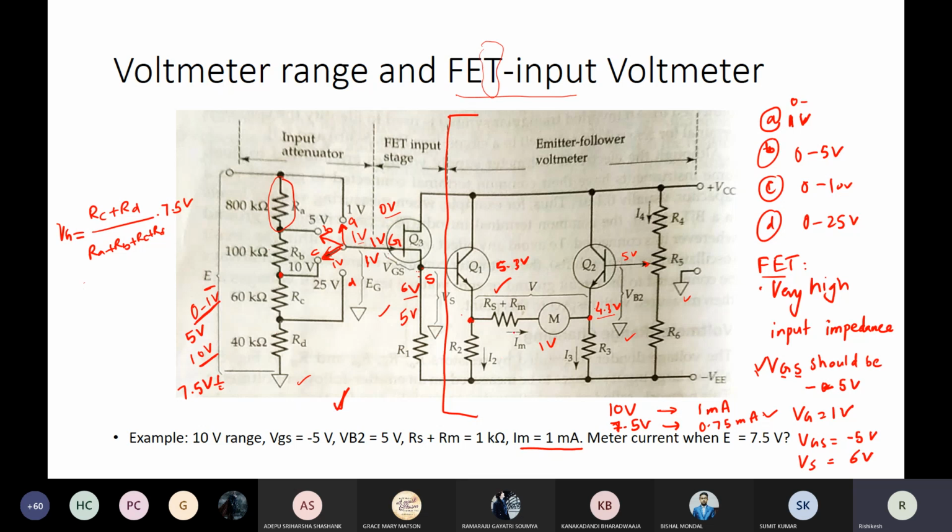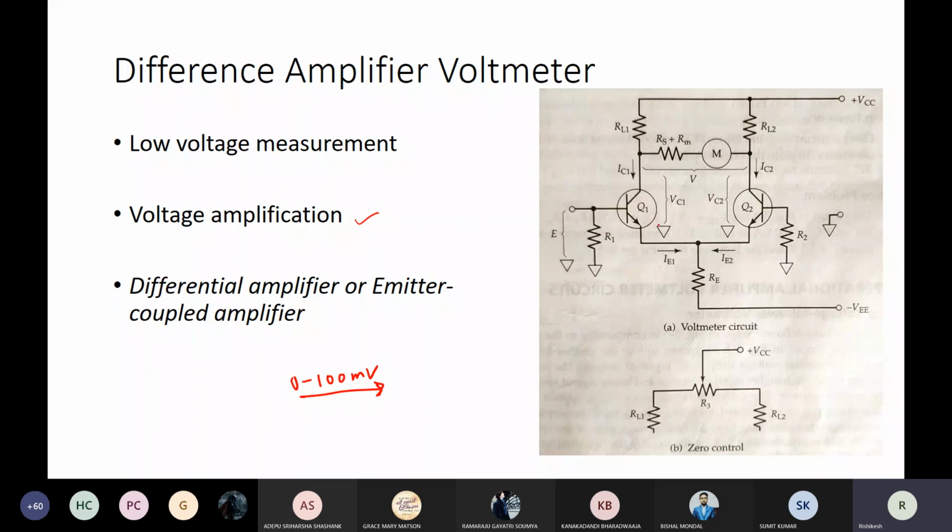You can see that the meter here was connected across the emitters of the two transistors. In this configuration, it is connected at the collector terminal. The emitters are connected together with emitter resistance Re. Emitter is still at negative potential, collector is still at positive potential, and the input is still applied at the base of transistor Q1.